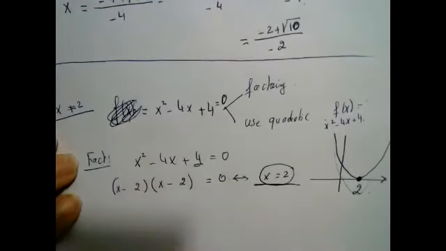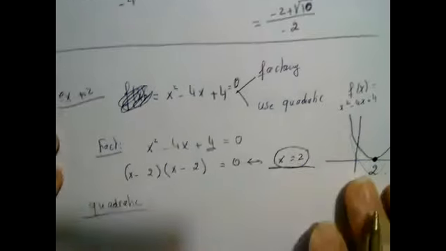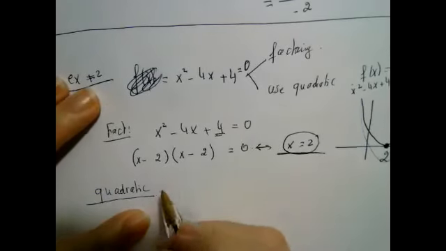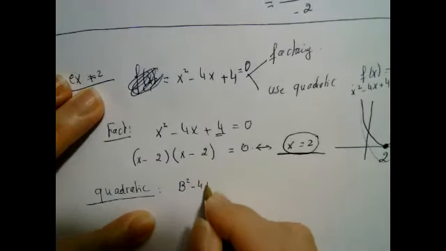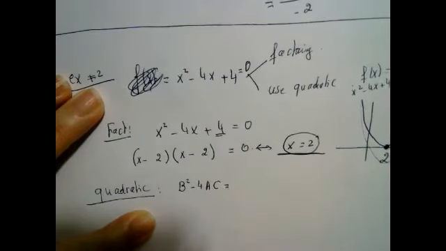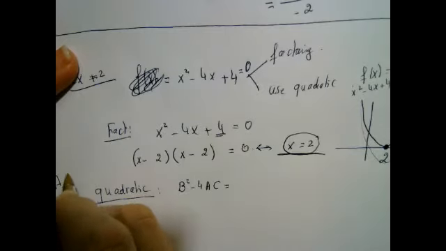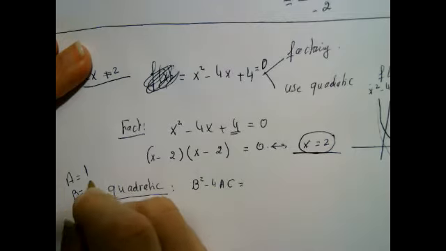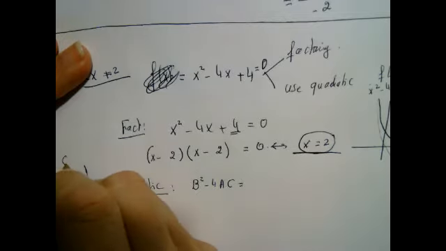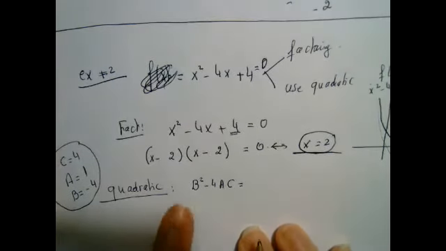Okay. Now I will do it using the quadratic formula. So what does the quadratic tell me? I need the b squared minus 4ac. I like to compute it by itself first, as I said. In my case here, a is 1, that's the coefficient of x squared, b is -4, and c is 4.